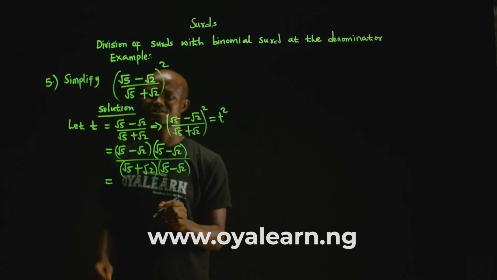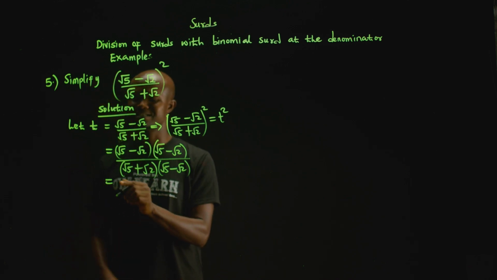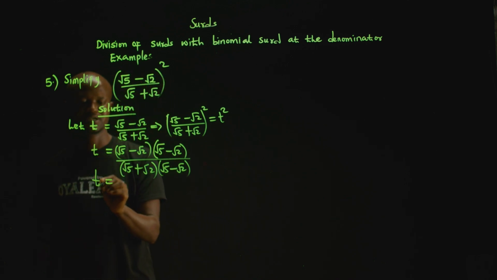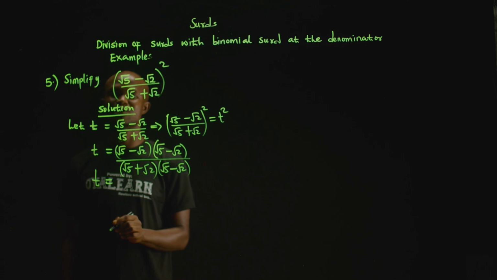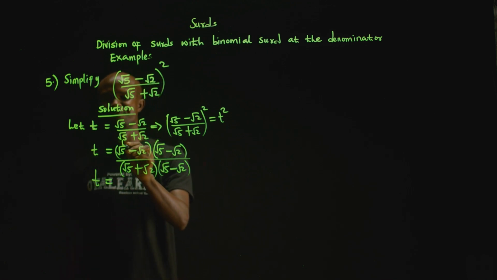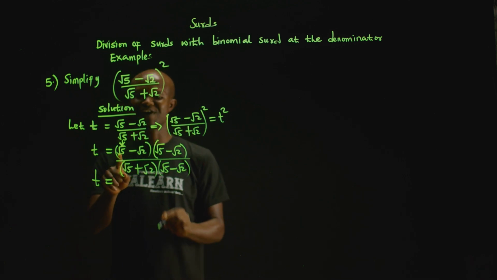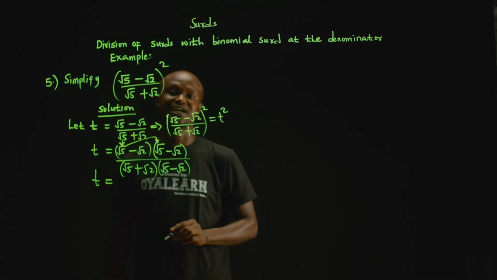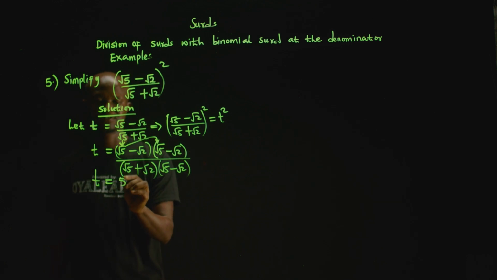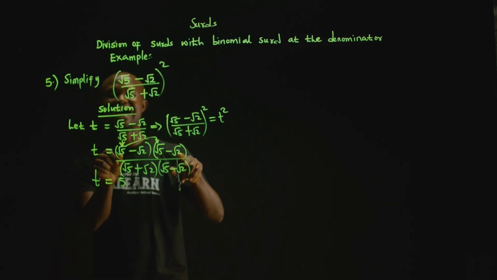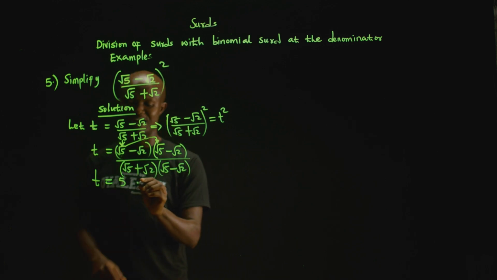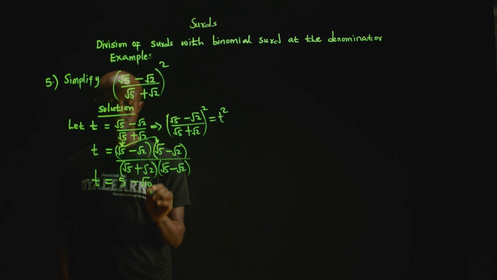This equals to what? We are going to expand the bracket. Using the first term in the first binomial surd, √5, we first multiply √5 here. What do we have? That is 5. That same √5 we multiply by −√2, so we have −√10.